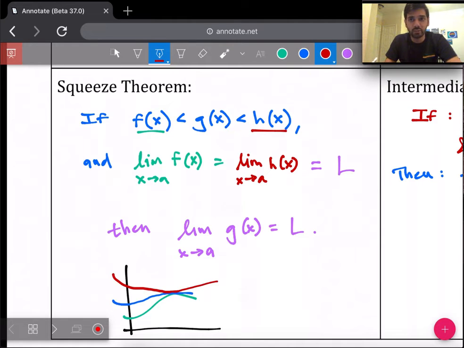Okay, so I intentionally drew it like this to match what the squeeze theorem is saying. We already established that these two limits have to equal the same value. So I drew my picture such that the red graph, which is h, and the green graph, which is f, the greatest and the least one, have the same limit at some point a.